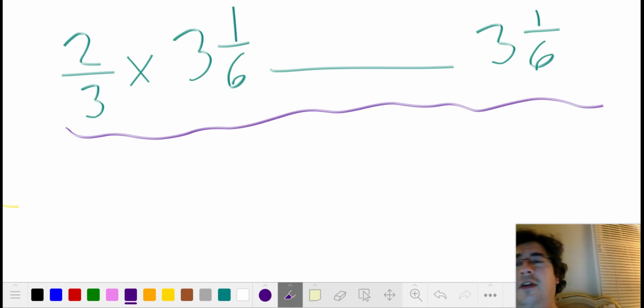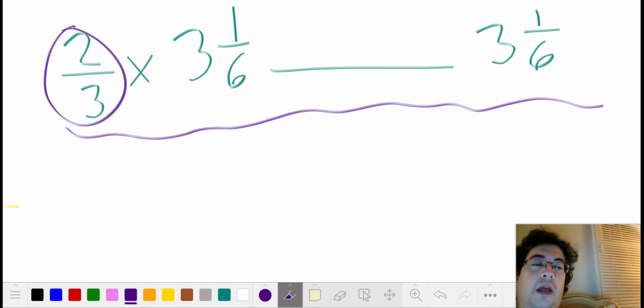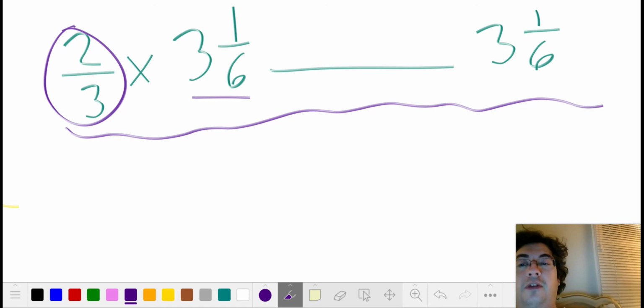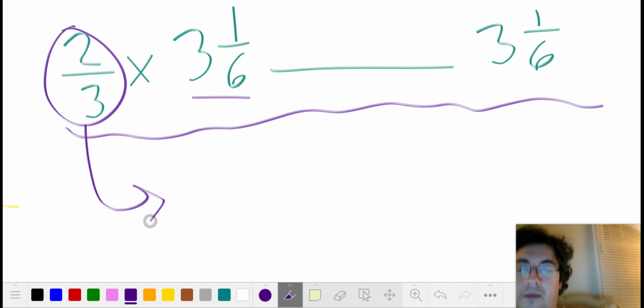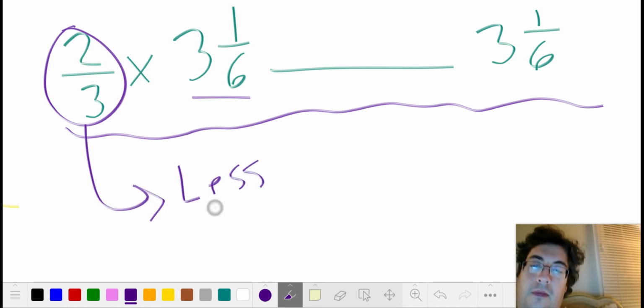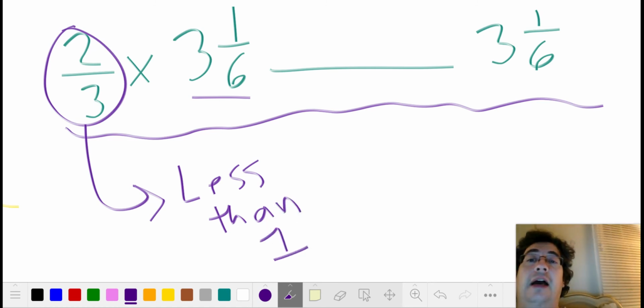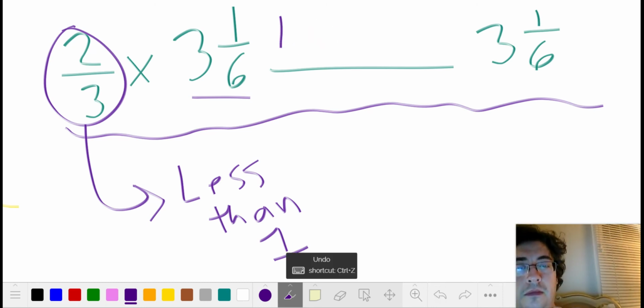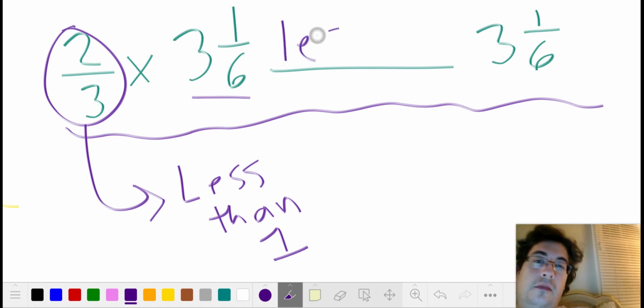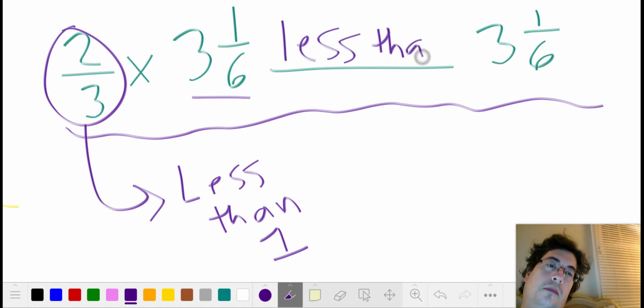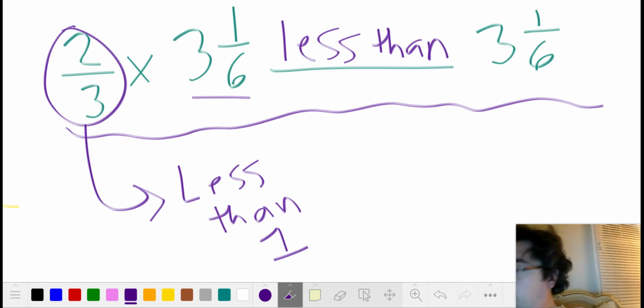We have 3 1/6, but only 2/3. 2/3 then is going to determine whether or not our product is going to be more, less, or equal to 3 1/6. Because 2/3 is less than 1, our product is going to be less than 3 1/6. Not too bad.